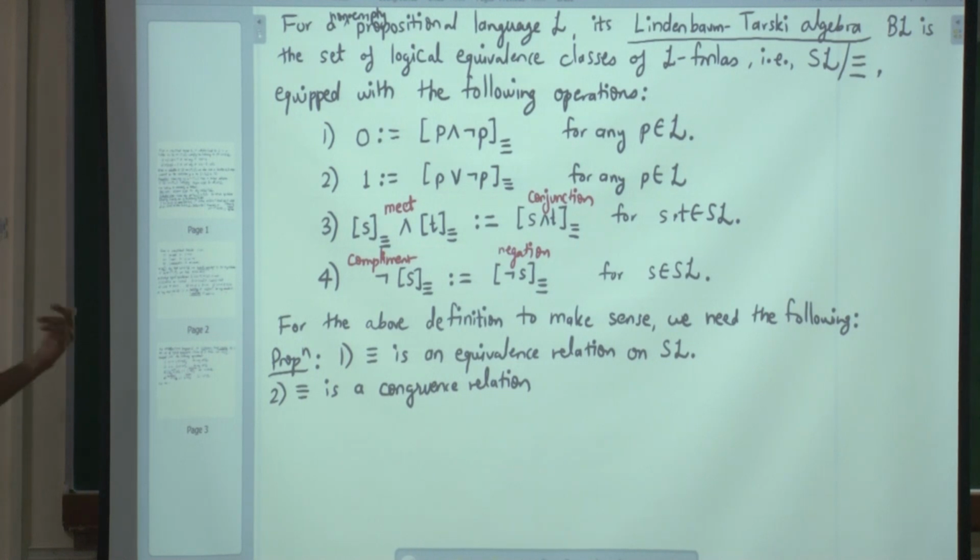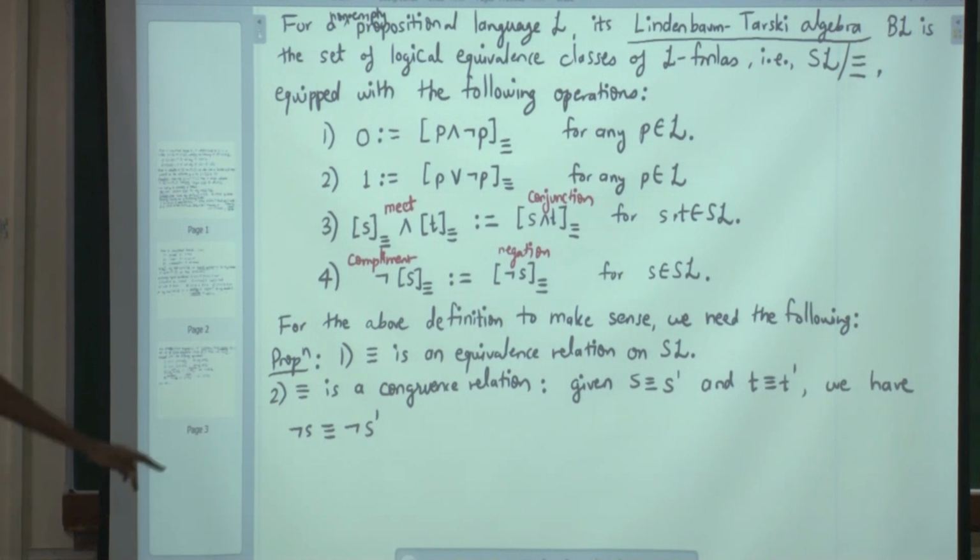So, what are the algebraic operations here? Given S logically equivalent to S prime and T logically equivalent to T prime, we have negation S is logically equivalent to negation S prime. Why is it the case? Why is negation S logically equivalent to negation S prime?